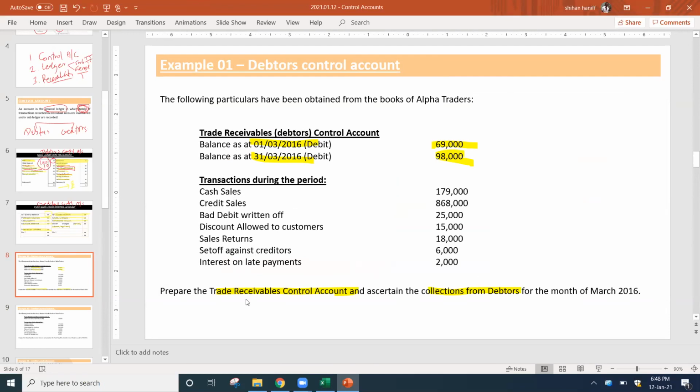So there are some transactions. Can you all calculate and tell me how much is the collections from debtors?